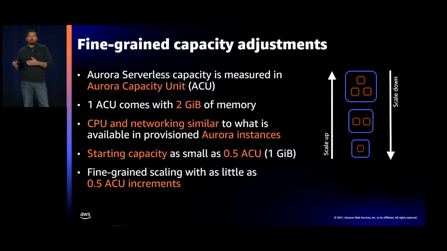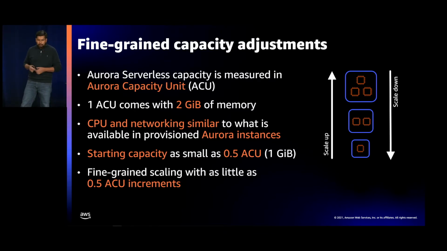Next, I'm going to talk about how we achieve fine-grained scaling and how we do it. I've been telling you about Aurora capacity and capacity in general a lot. The unit we use to measure that is called the Aurora capacity unit in Aurora Serverless databases. One Aurora capacity unit comes with 2 gigabytes of memory with associated CPU and networking. And you can imagine the CPU and networking being similar to what you get with regular Aurora instances.